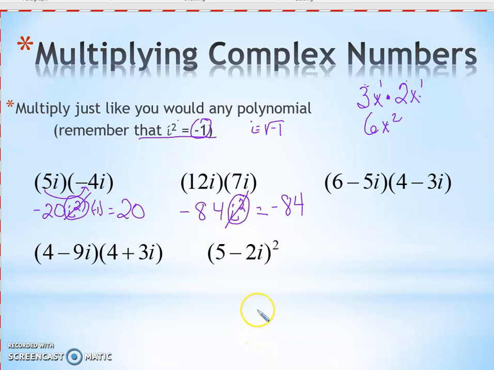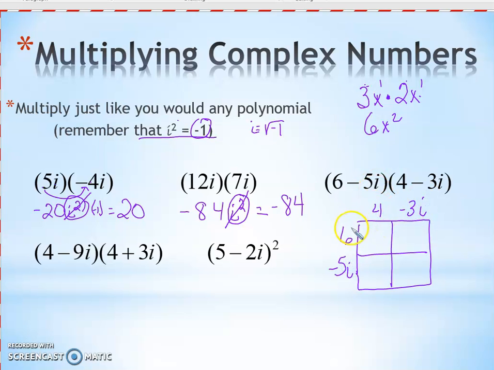Okay? Now let's talk about when we have binomials that we're multiplying together. Some of you learned the box method. You most certainly can use that method when you're doing this type of multiplying of binomials. Remember, you just place your terms around that box, and then you multiply to find out what your solutions are here. Just make sure you're multiplying all the way across.